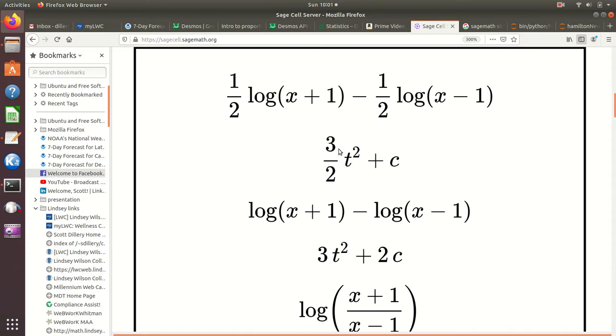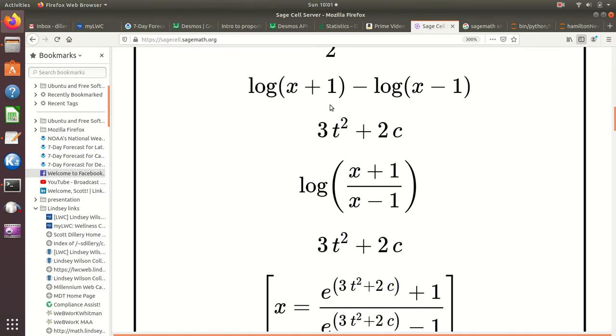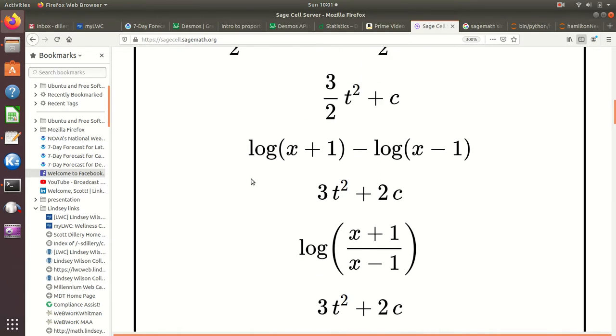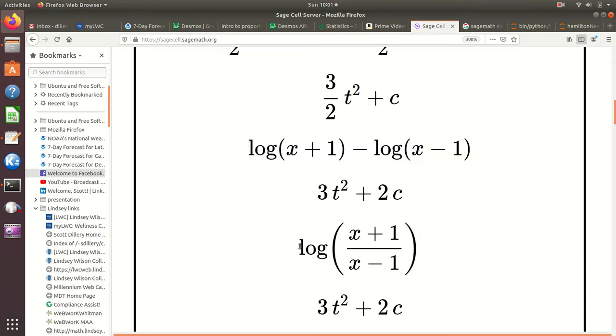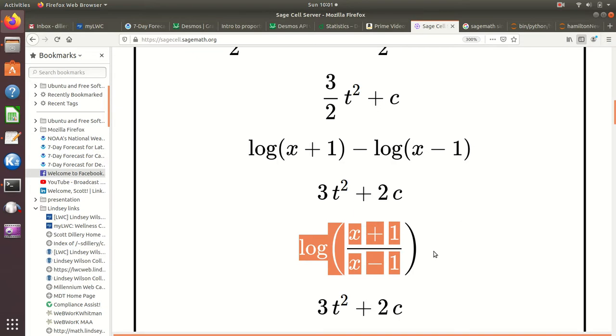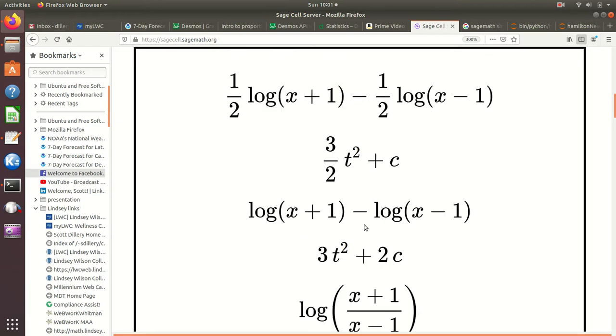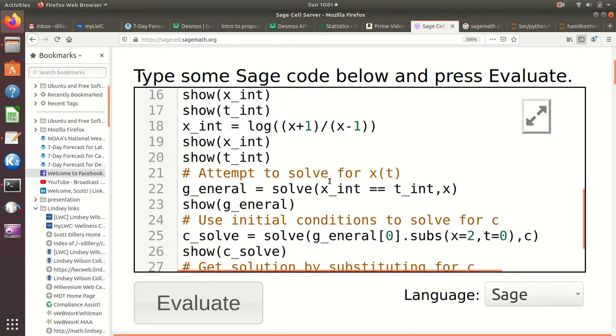However, in solving the equation, I had to help it a little bit. I had to tell it that this is equal to that. It just wasn't going to do it without me telling it those were equal. And so, that's what I did.